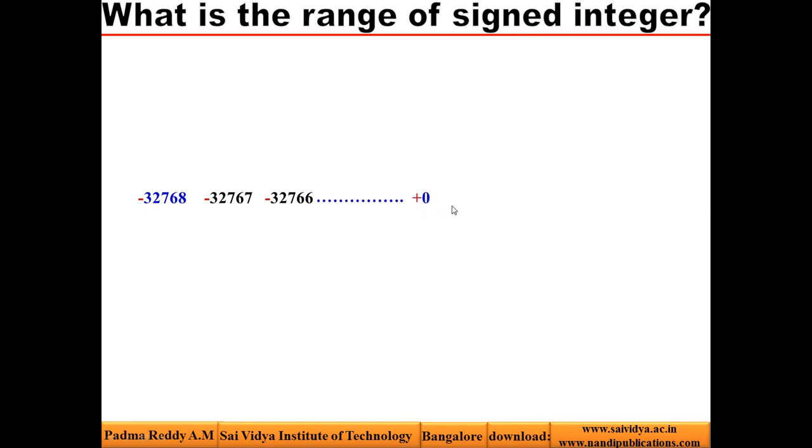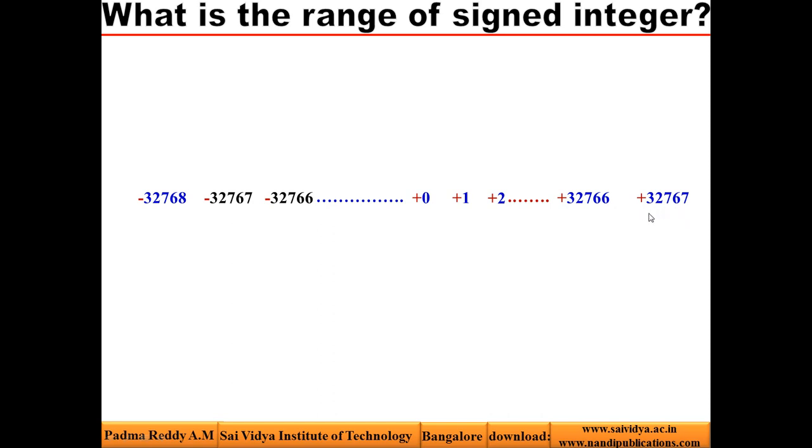It goes up to plus 0, plus 1, plus 2 and so on, up to plus 32,766, plus 1 is plus 32,767. So the minimum number is minus 32,768 and the maximum number is plus 32,767.